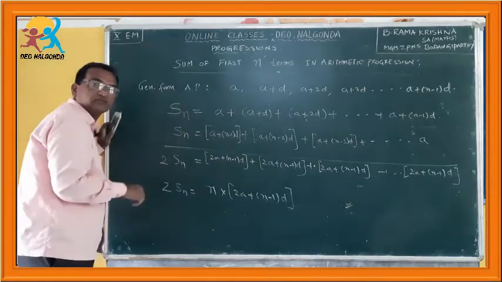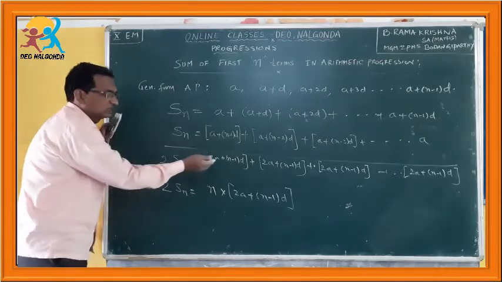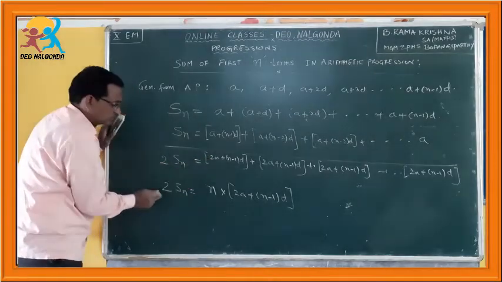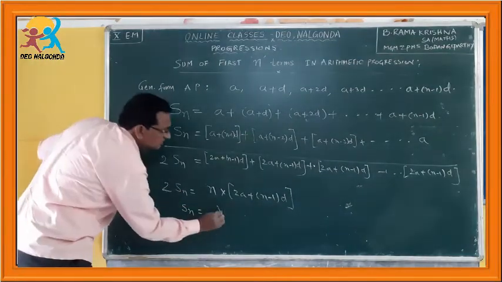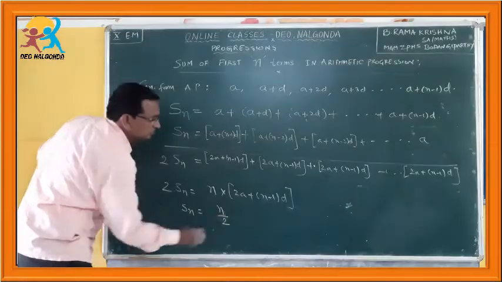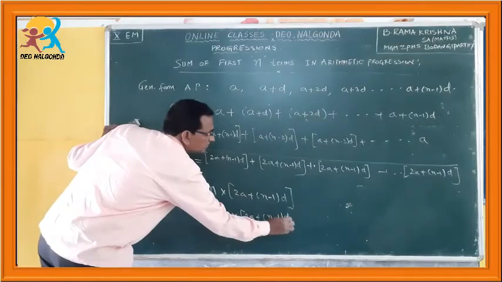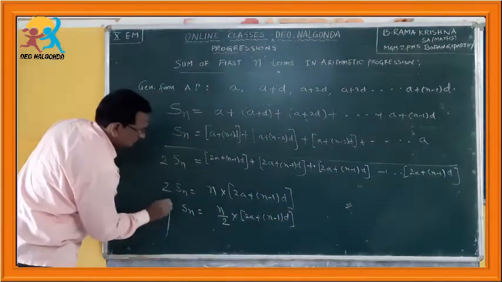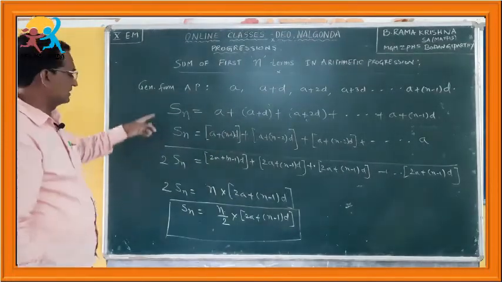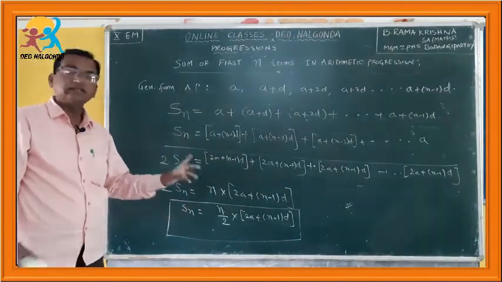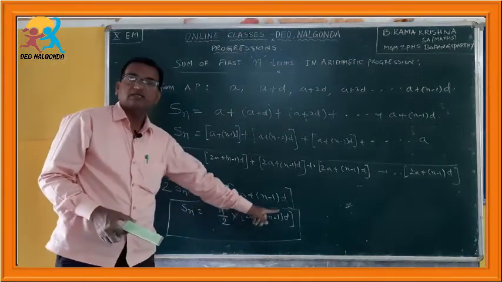If anything is repeated any number of times, you have to multiply with that number, because repeated addition is multiplication. Now we want Sn only. If you transpose this, Sn is equal to n by 2 into 2a plus n minus 1 into d. Yes. This is the formula for finding the sum to n terms.